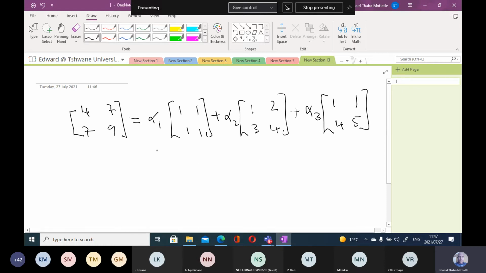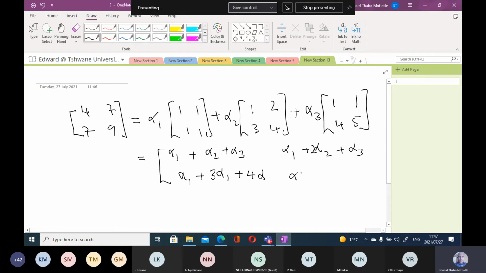So here we have alpha 1 plus alpha 2 plus alpha 3. We have alpha 1 plus 3 alpha 2 plus 4 alpha 3. And here is alpha 1 plus 2 alpha 2 plus alpha 3.